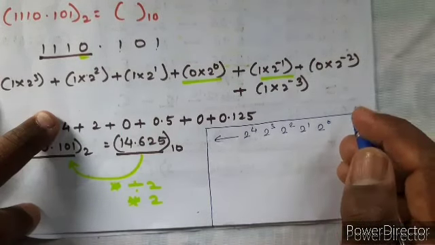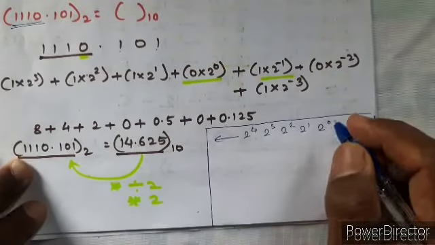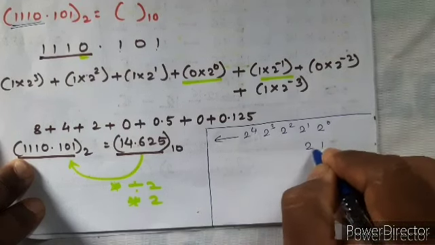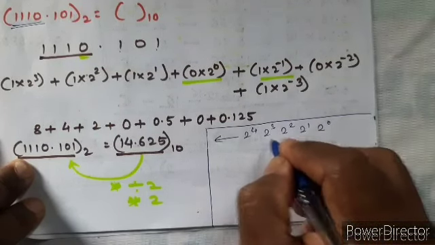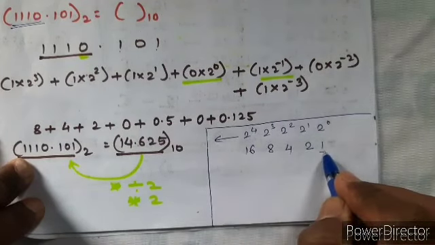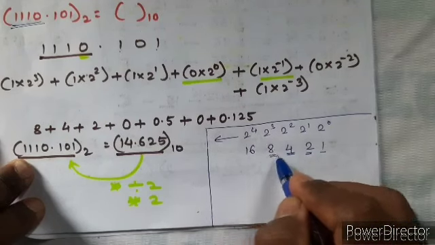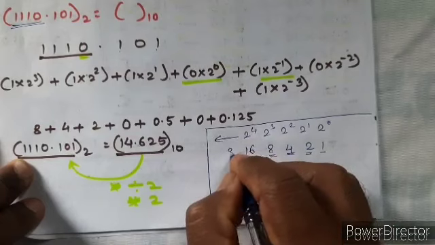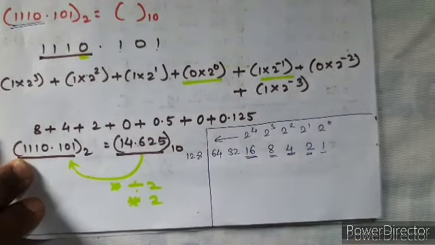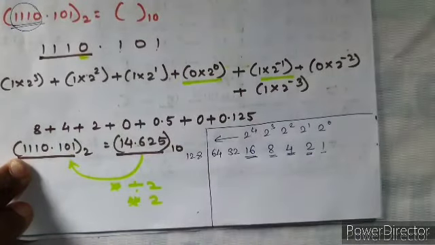Okay, when the integer part is given, I can directly write here 1, 2, 4, 8, 16, where if you start with 1, 1's double is 2, 2's double is 4, 4's double is 8, 8's double is 16, then 32, 64, 128, you can go on this way. So just considering the integer part.